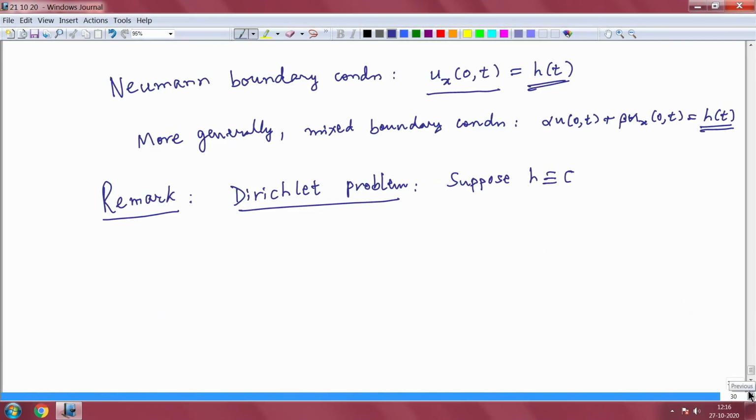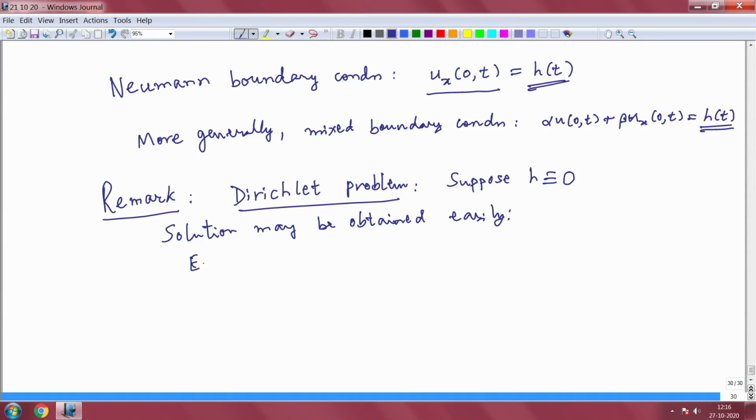In this case the solution formula may be obtained easily.